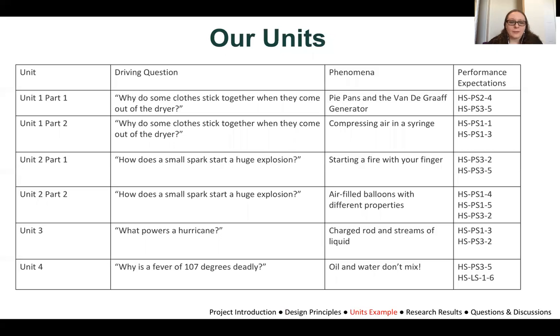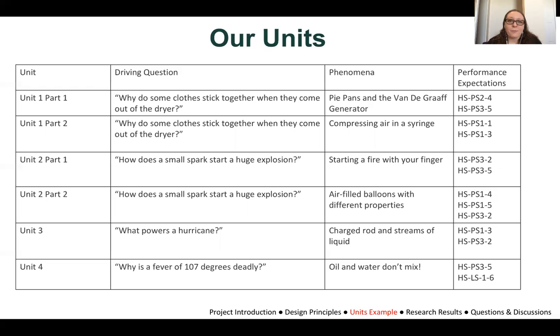And as you might be familiar, not all phenomena are created equal or created to be completed in a marking period. As we moved along, we realized that our units 1 and 2 were very, very long, because they were helping students develop rich foundational knowledge that they would use in later units. And so we later went back and split those units into parts.